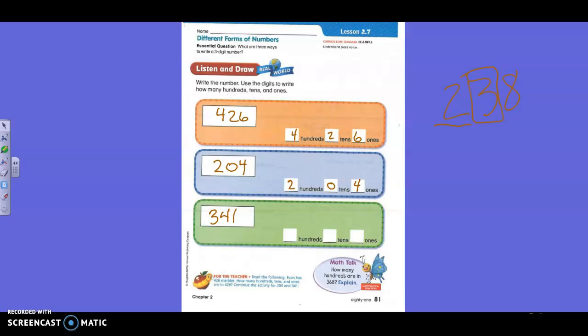What's the value of the 4? Nicholas? What's the value of 4 in our number? What is the value of the 4?